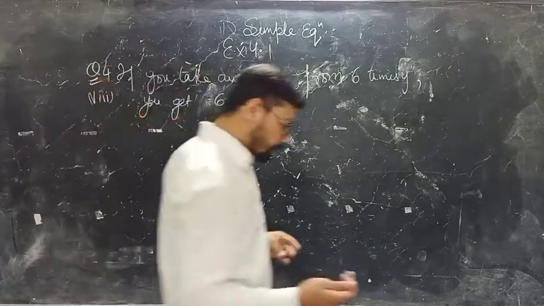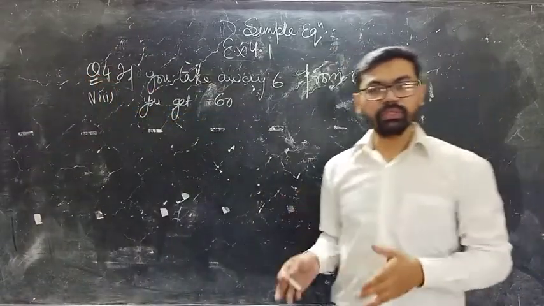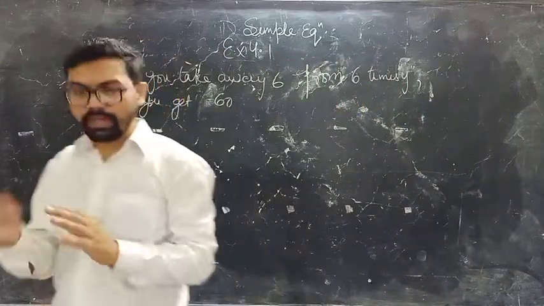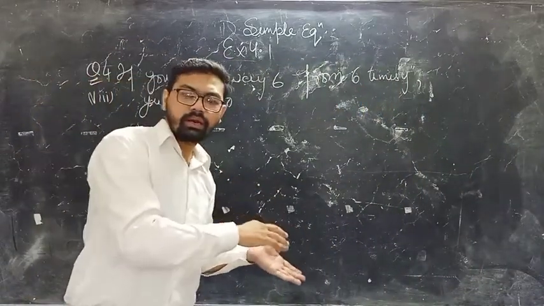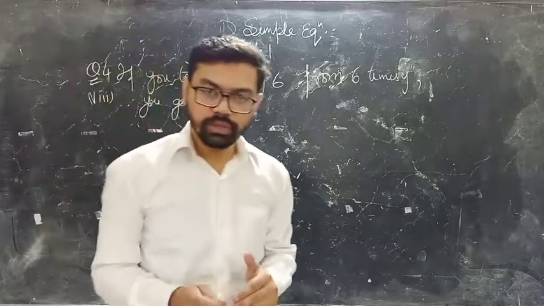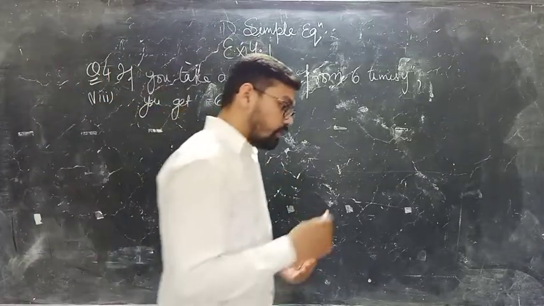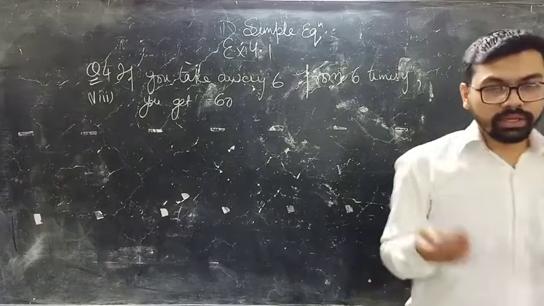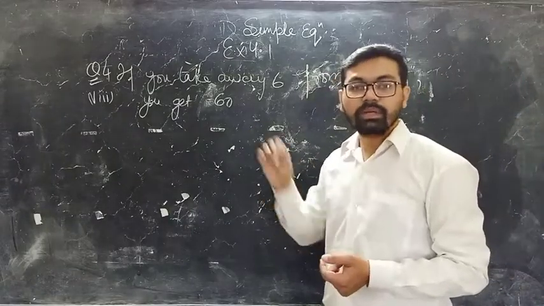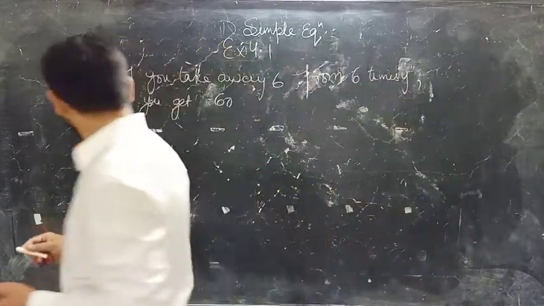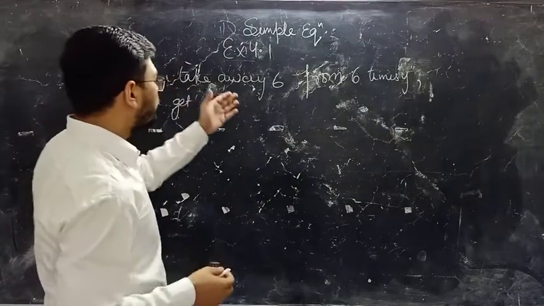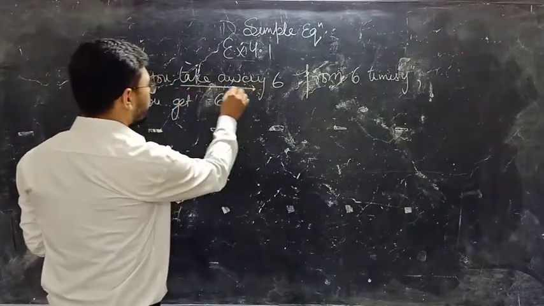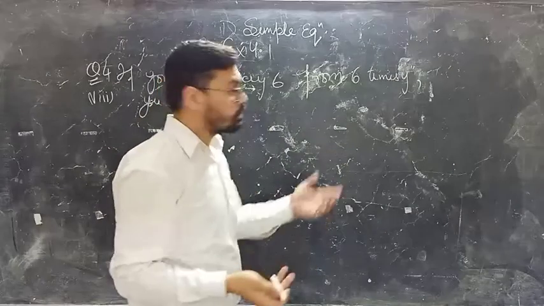So in this chapter you will get some equations. In one case you will get a statement, and on that basis you need to form an equation. And in the next case you will be provided with an equation and you need to write a statement. So the question is, if you take away, meaning subtract, 6 from which number?